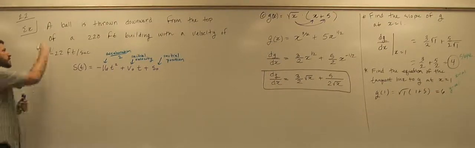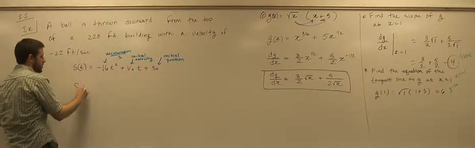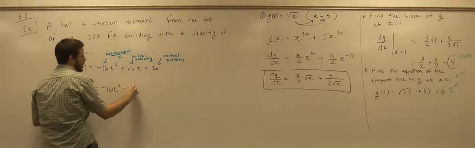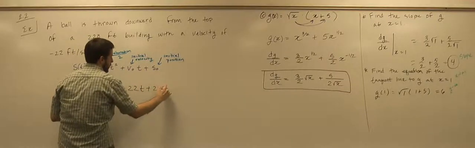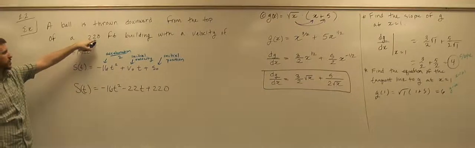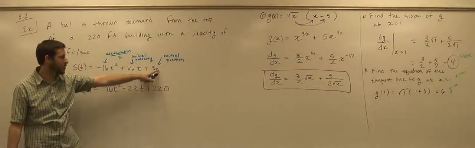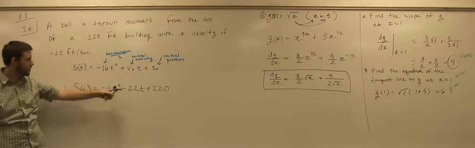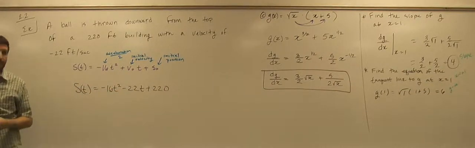In this particular instance, the position of the ball is given by negative 16t squared minus 22t plus 220. Because it was initially 220 feet high, we put the 220 here. And because we threw it down at 22 feet per second, we put the negative 22 here.